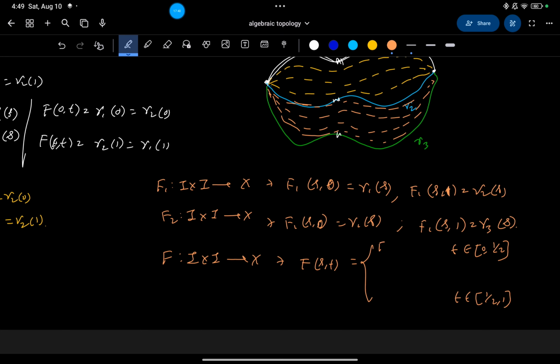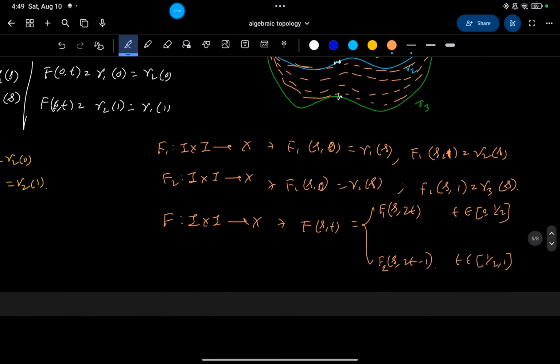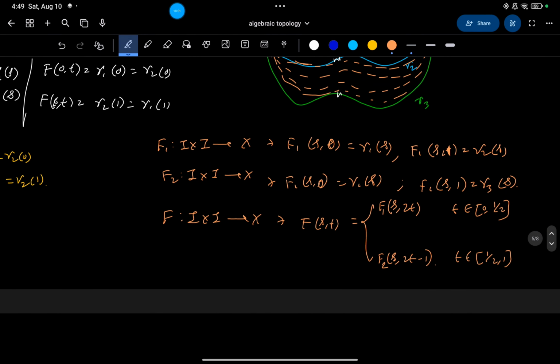It should be f1 of s comma 2t for the first half, and f2 of s comma 2t minus 1 for the second half. At 0 it is 0, and at 1 it is f of s. This is f1, this is f2. This is how one can join any two homotopy maps.